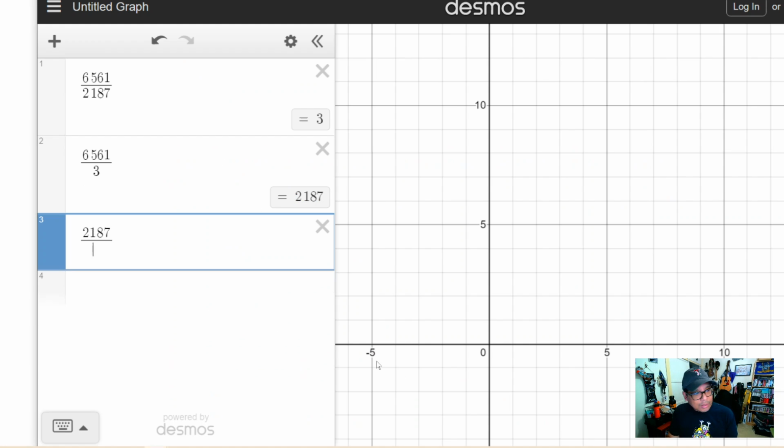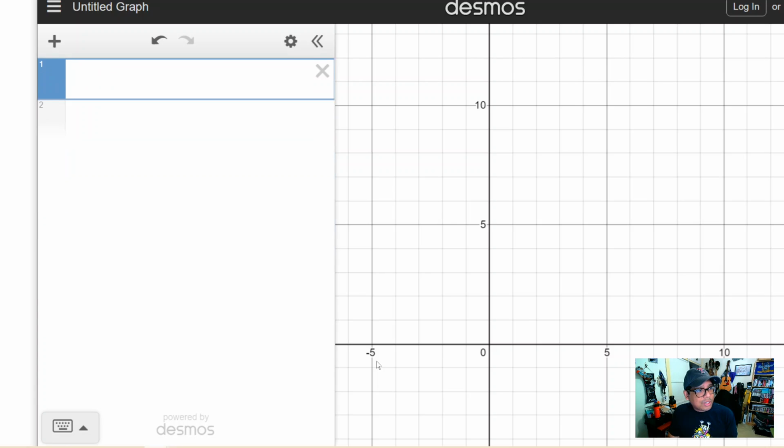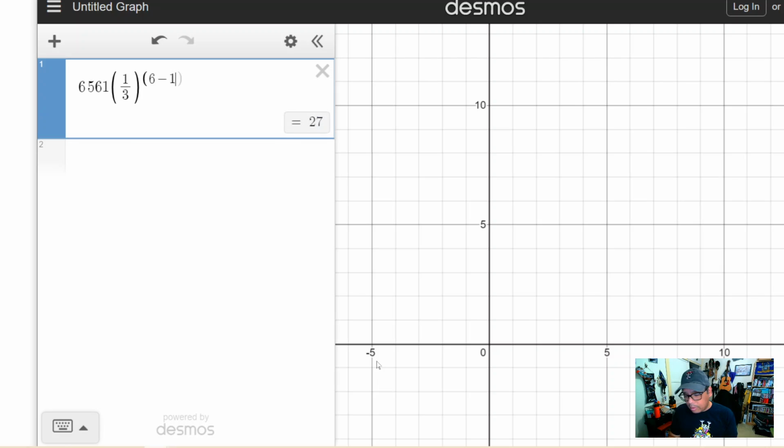So 6,561 multiplied by 1/3 to the, and then don't forget, if you're going to do a power here, you're going to put it in parentheses. So the 6 minus 1 power. Of course, you could have just done that in your head. You know that 6 minus 1 is 5. So 27 is going to be that sixth term.